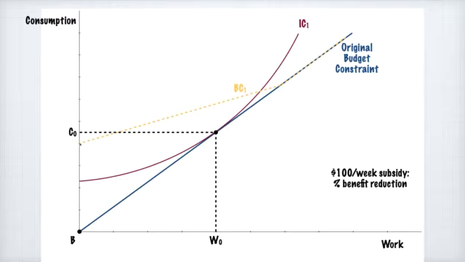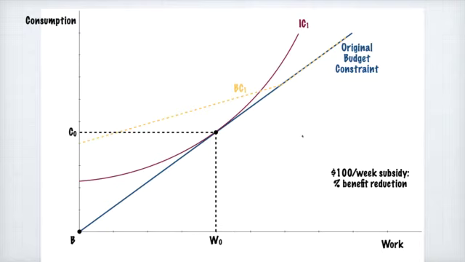So you get a line that starts with the amount of subsidy and is sloped less than the original budget constraint. It gets to the point where it intersects the original budget constraint, and the new budget constraint and the original budget constraint are equal to one another at this point. That's the point where you've worked enough that you've eliminated your subsidy 100%.